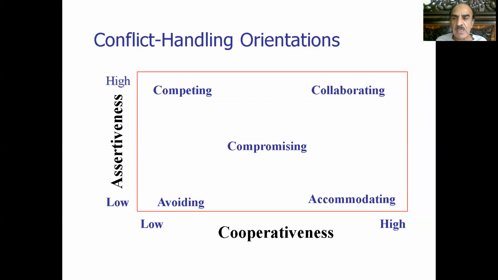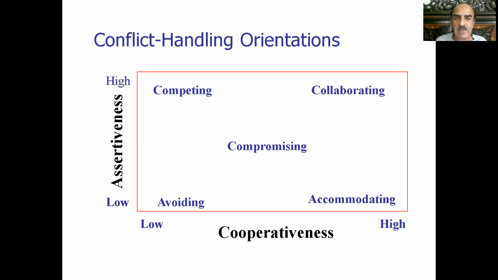Definitely, more cooperation between the two parties would lead to a more amicable solution of the conflict. On the vertical axis, we have assertiveness, that is, how strongly both parties hold their viewpoint and their stance.